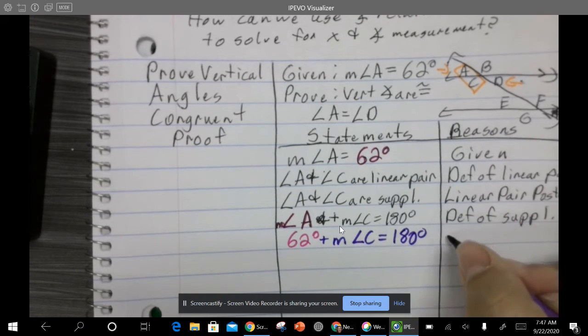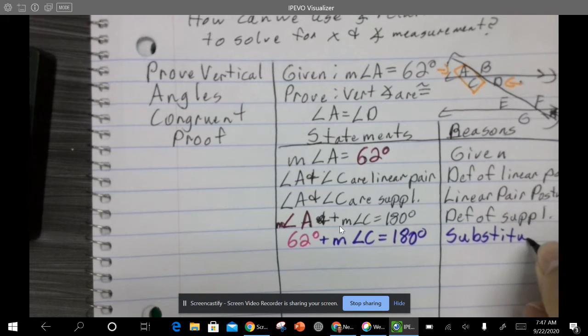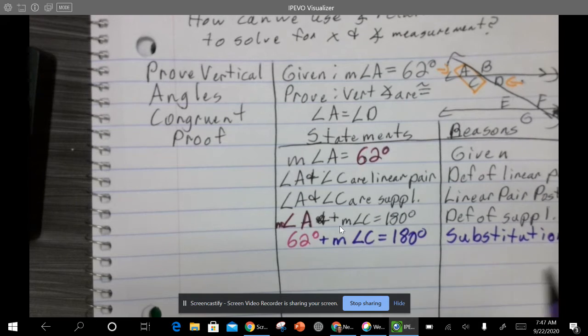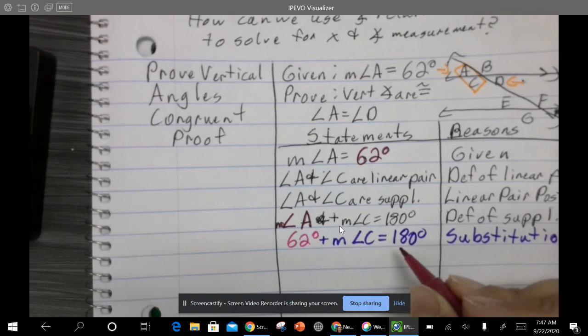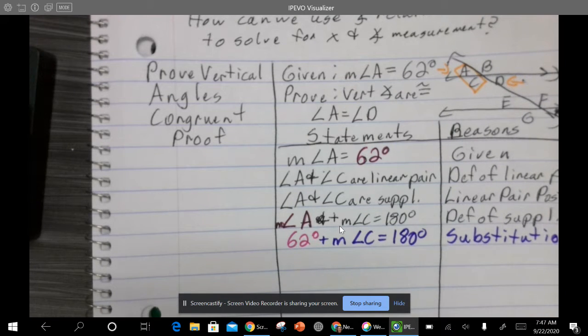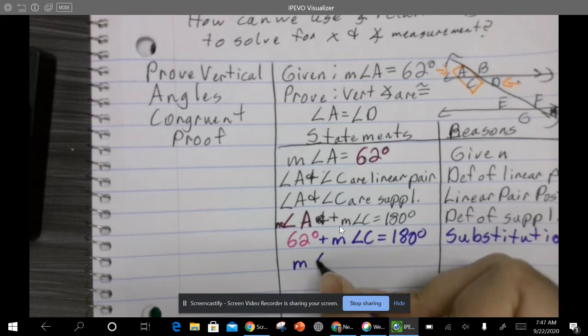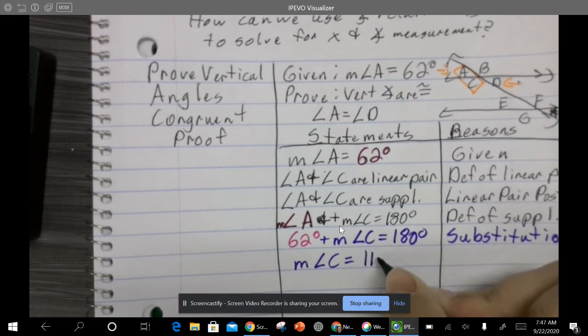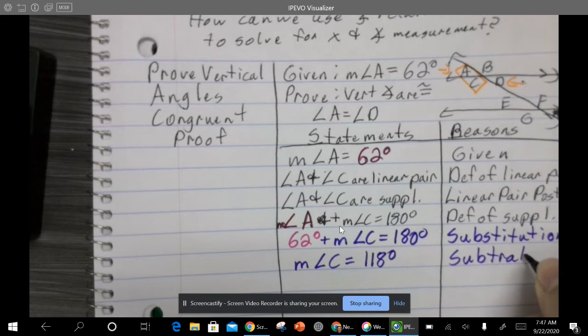Okay, and that's going to be substitution. And so then we're going to subtract 62 from both sides. 180 minus 62 is going to be 118. So the measure of angle C is 118 degrees. So that's the subtraction property of equality.